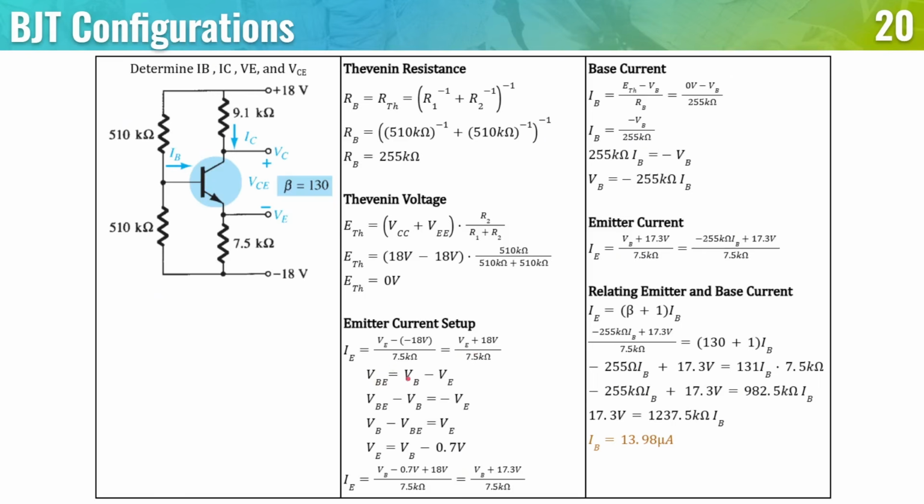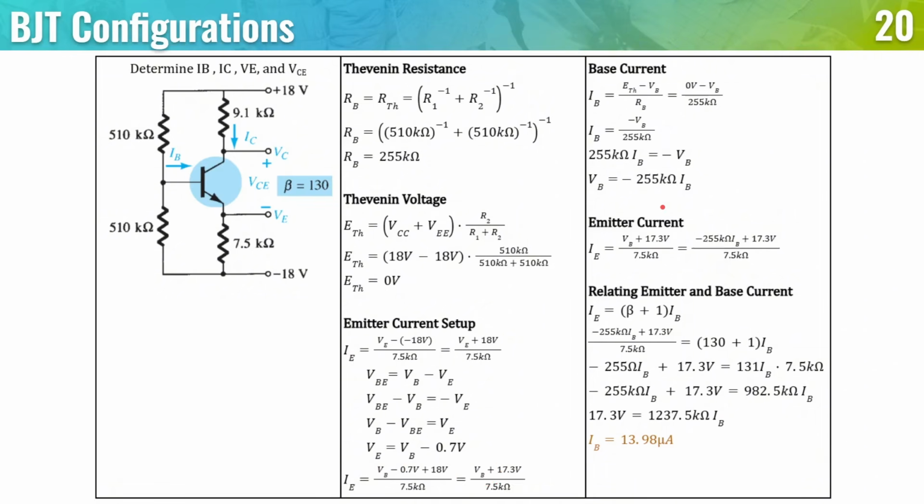So VBE is equal to VB minus VE, and we arrange that to get VE is equal to VB minus 0.7 volts. After solving this, it's still incomplete, but we can use it for now. So substitute VE and turn it into VB minus 0.7 volts. So our IE now is VB plus 17.3 volts all over 7.5 kilo ohms. Again, we still don't know what VB is, and we still don't know what IE is.